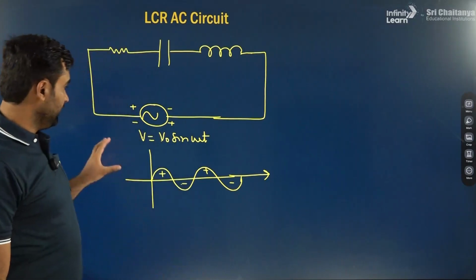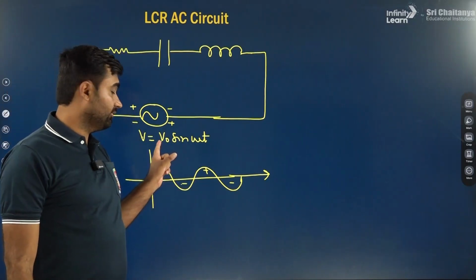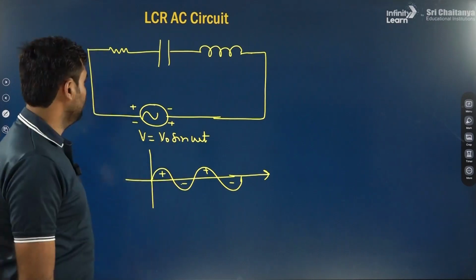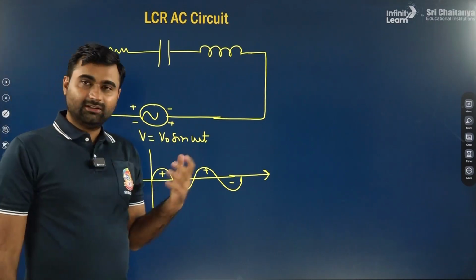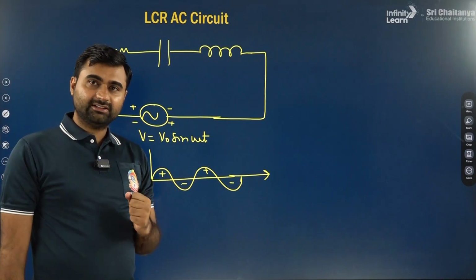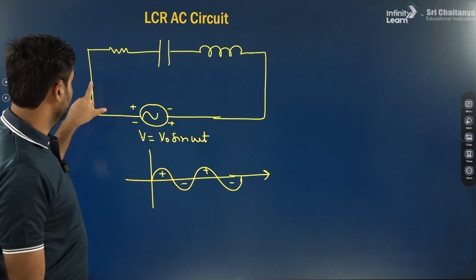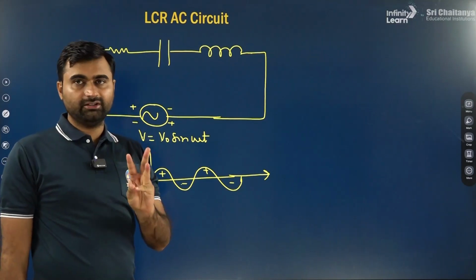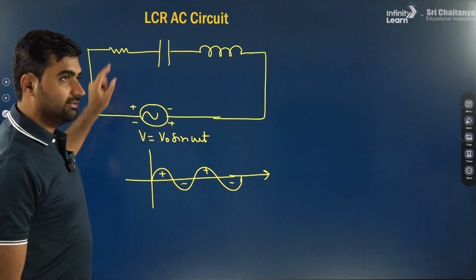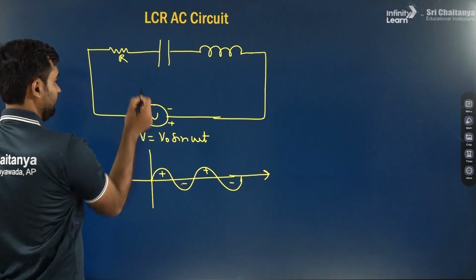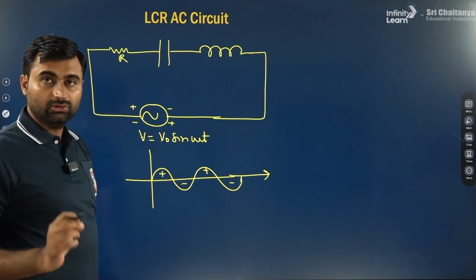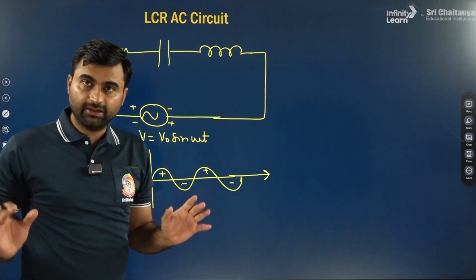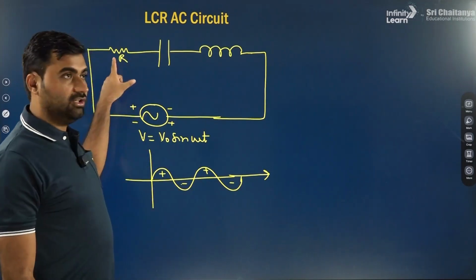Now if the current direction changes and this is a variable voltage, the current value also changes here. Okay, so what other special things are there in the LCR AC circuit? You have to remember 3 very important points here. In a resistor, when alternating current flows, there is no phase difference between current and voltage.